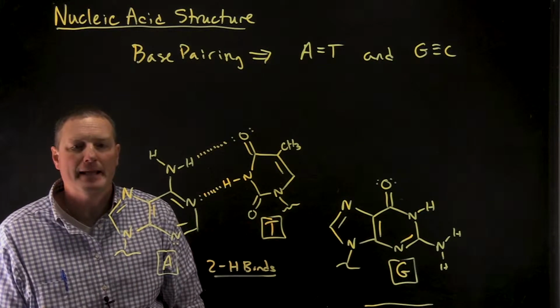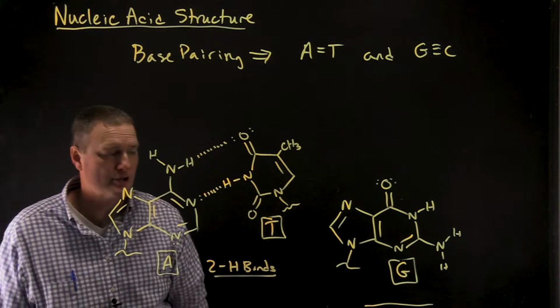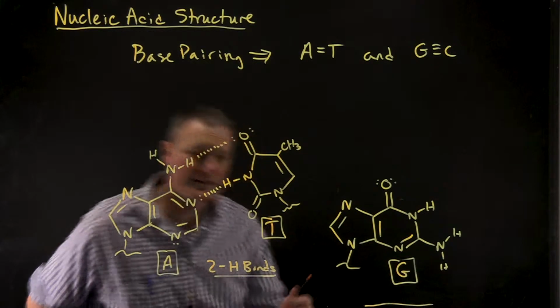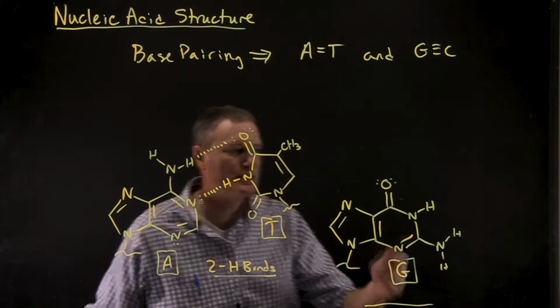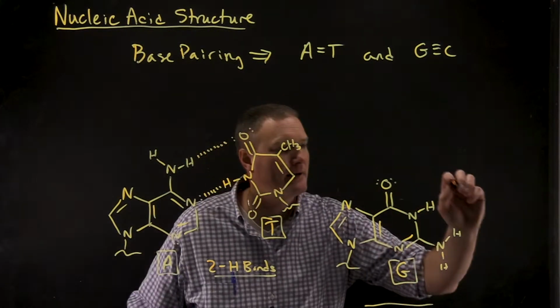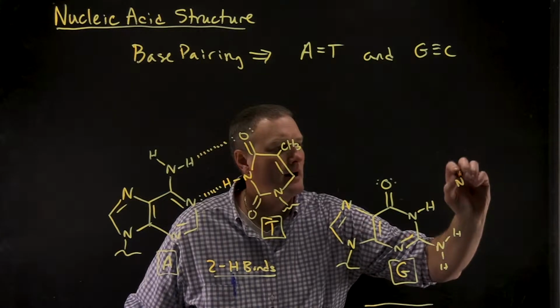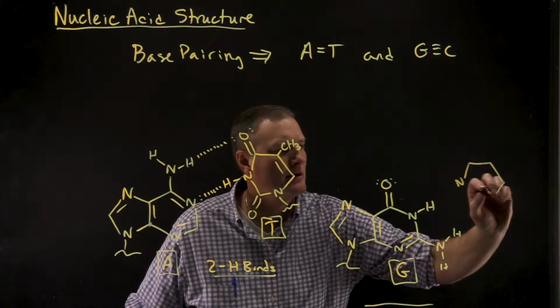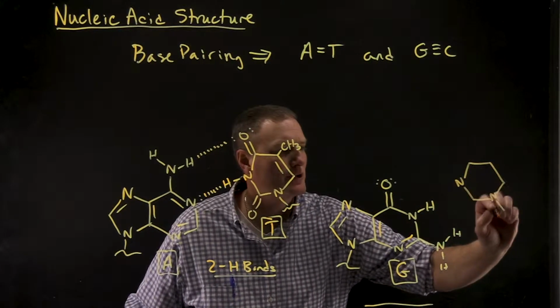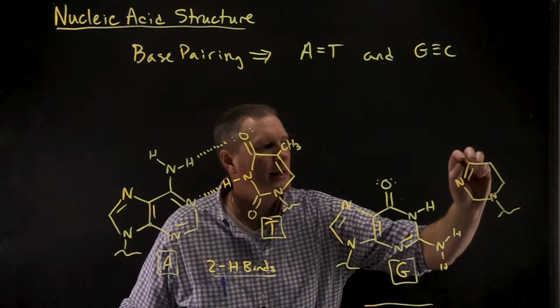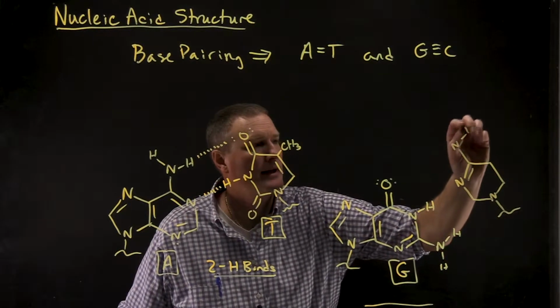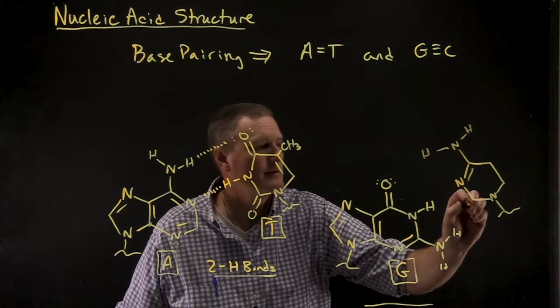Okay. Now, if we go over to the G structure, this one actually has 3 hydrogen bonds when G is paired with C. So let me draw that out. Again, we're going to rotate our pyrimidine structure a little bit, and need to add a couple atoms here.